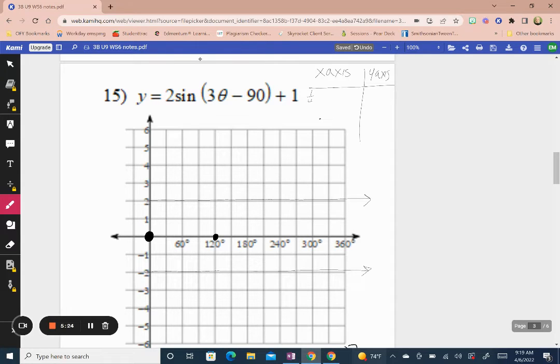So 1/4 of the period, so 1/4 of 120, means for a sine function we're going to be at our positive amplitude. Okay? So 120 times 1/4 is the same as 120 divided by 4, which is 30.